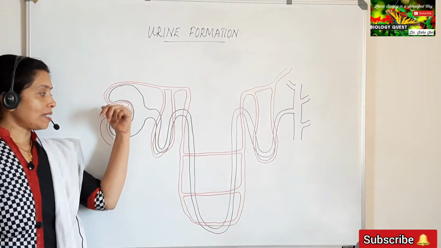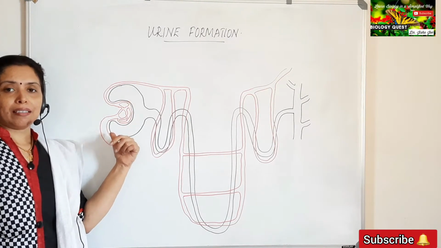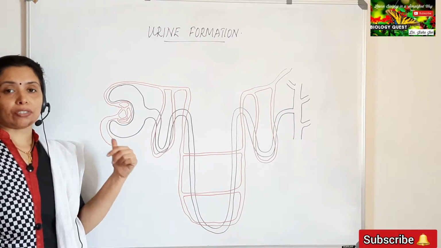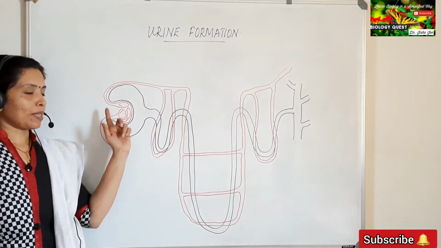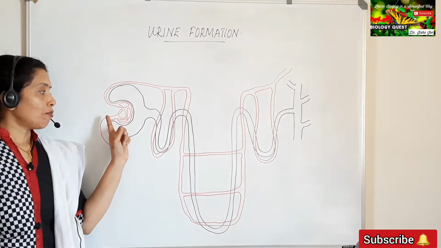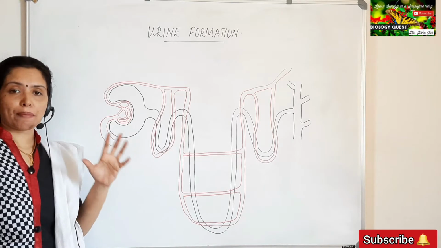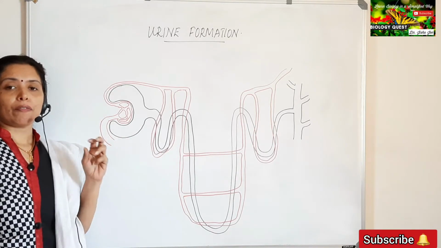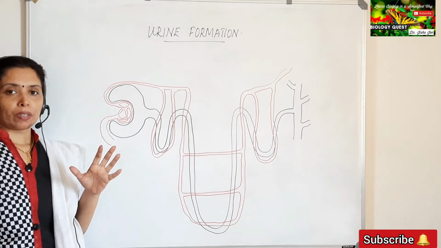This difference in diameter is very important in the first step of urine formation, that is ultrafiltration. Because of this difference in the diameter of the two arterioles, the blood flowing through the capillaries of the glomerulus is under very high pressure. Nowhere else in our body does the blood flow with such high pressure.